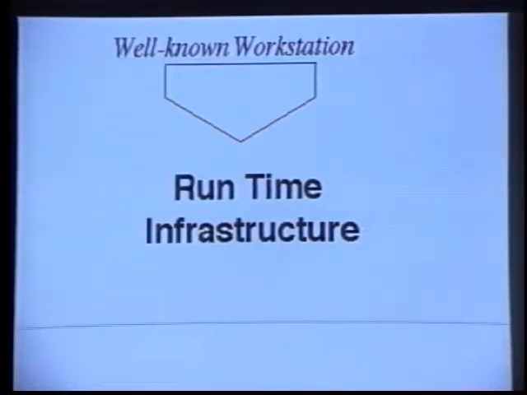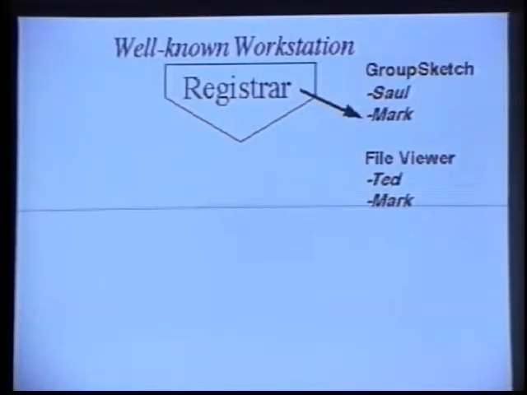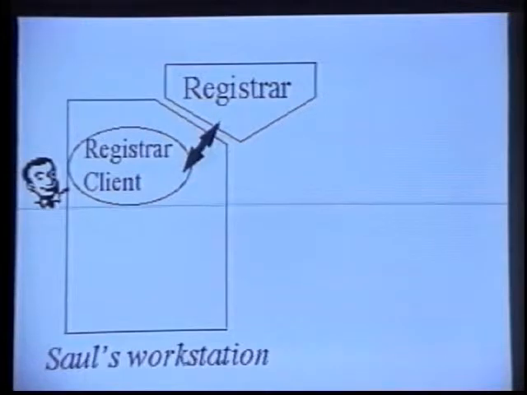First, every community of collaborators knows the address of a well-known workstation that is running a centralized registrar daemon. The registrar is simply a connection point that keeps lists of conferences, their participants, and internal addresses for managing communication. Next, a user creates a replicated registrar client on their workstation, which connects to the registrar.